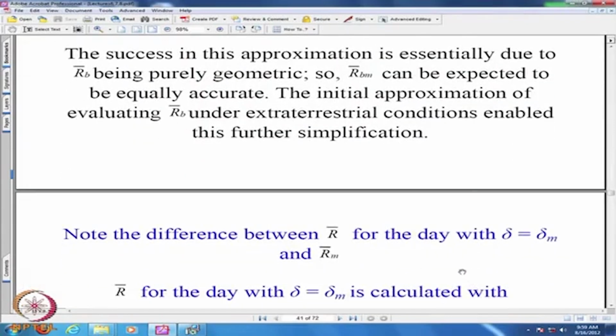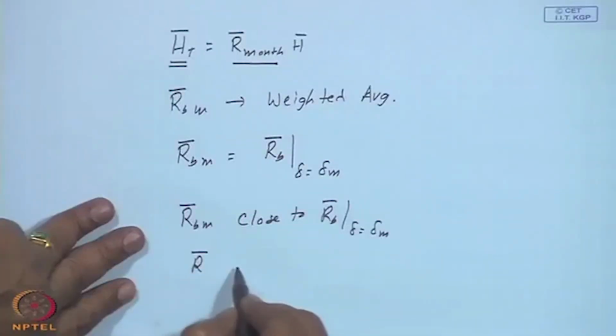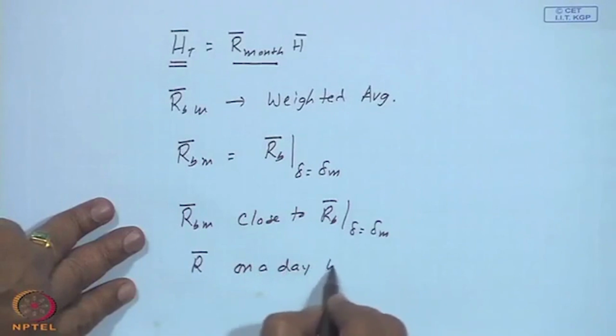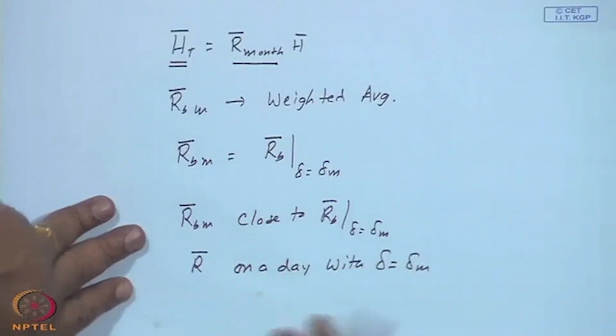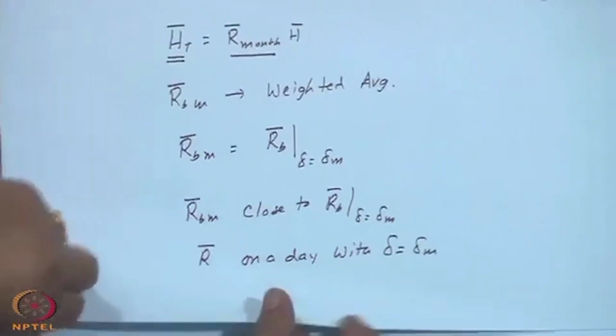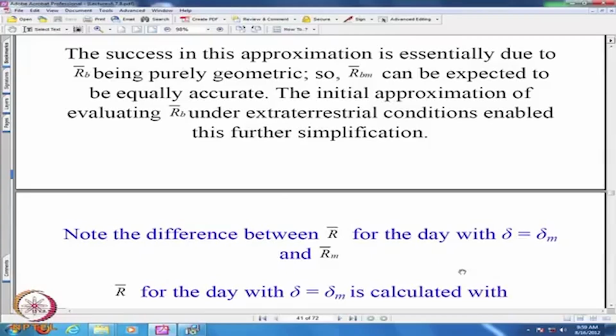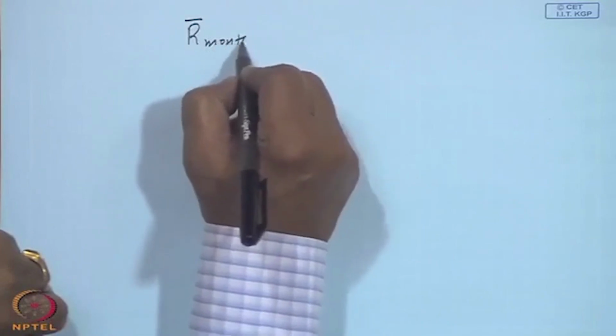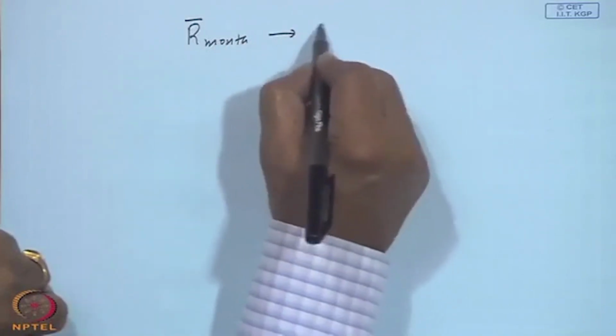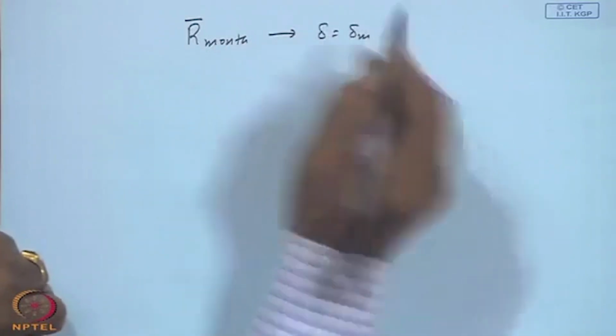Now, you have to notice what is the difference between R bar on a day with delta is equal to delta m, and R bar for the month. Here also delta is equal to delta m.